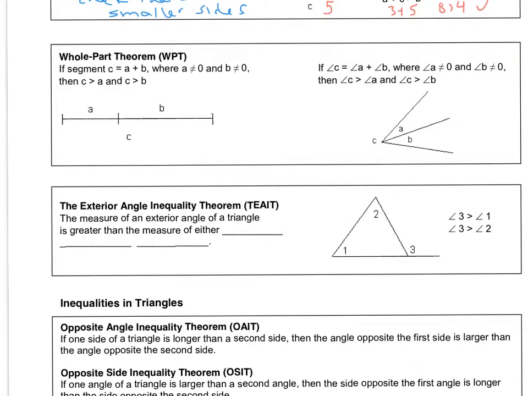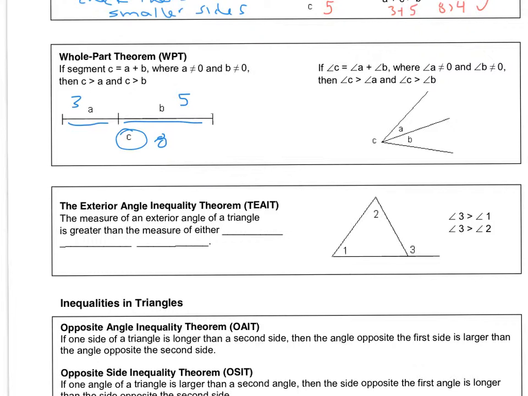So it says that if we have two parts that add up to the whole, then the whole is going to be greater than the individual parts. Makes sense, right? So if this is 3, if this is 5, the whole is 8. 8 is going to be greater than 3. 8 is going to be greater than 5.